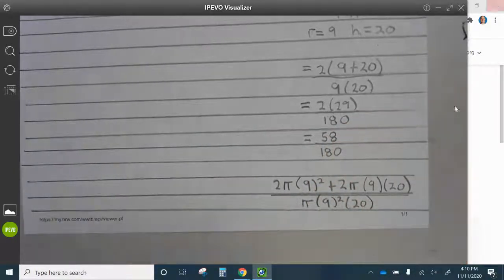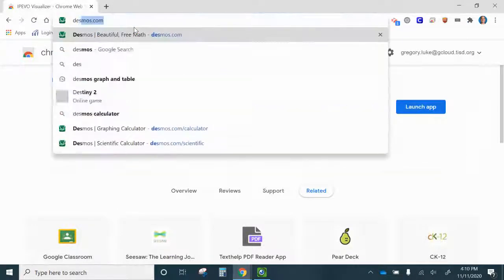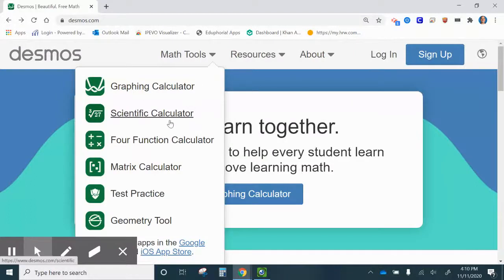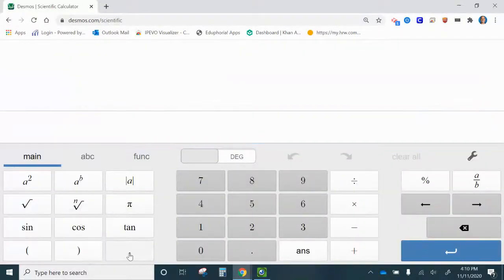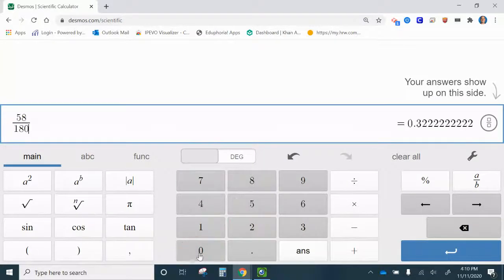This is where Desmos will come in handy. We want the scientific calculator. So let's do 58 divided by 180. As a reference, we got about 0.322.